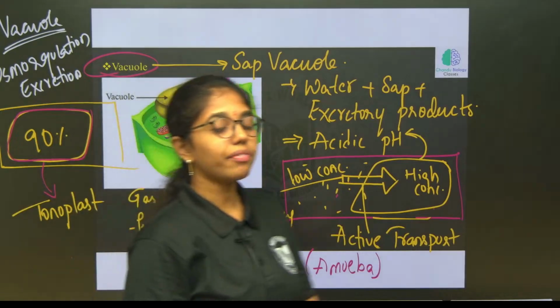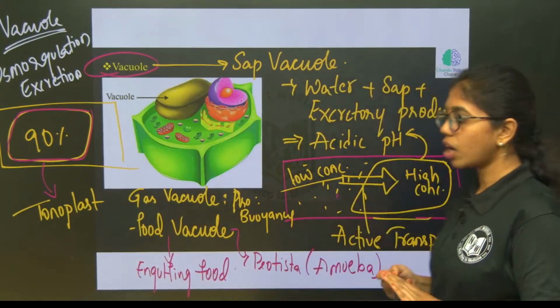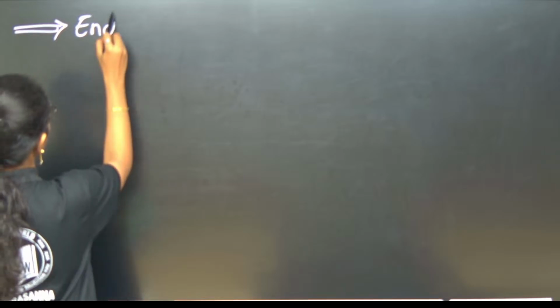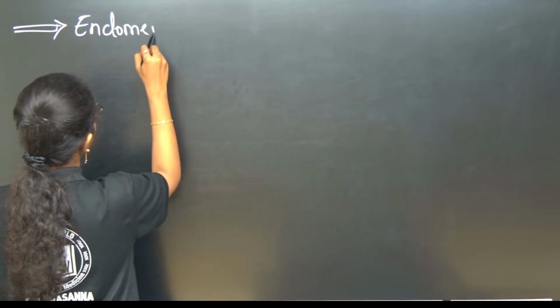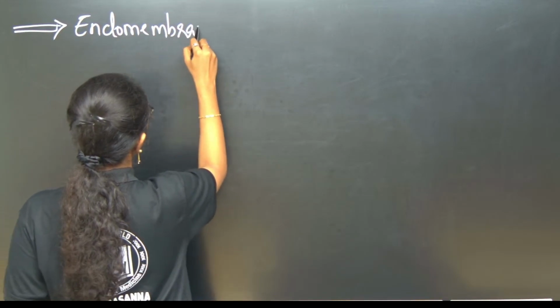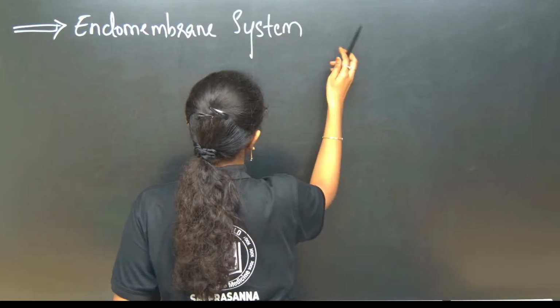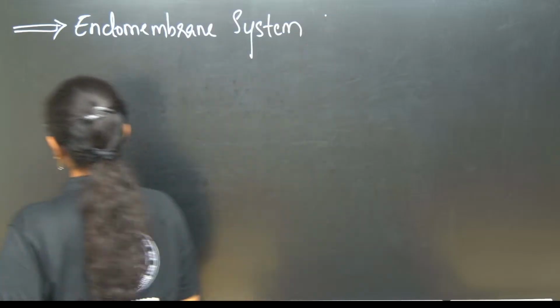As such, we have covered a total of 4 organelles of the endomembrane system. Let us quickly revise the complete endomembrane system in one frame. As we have discussed, the endomembrane system includes 4 organelles. First is what?